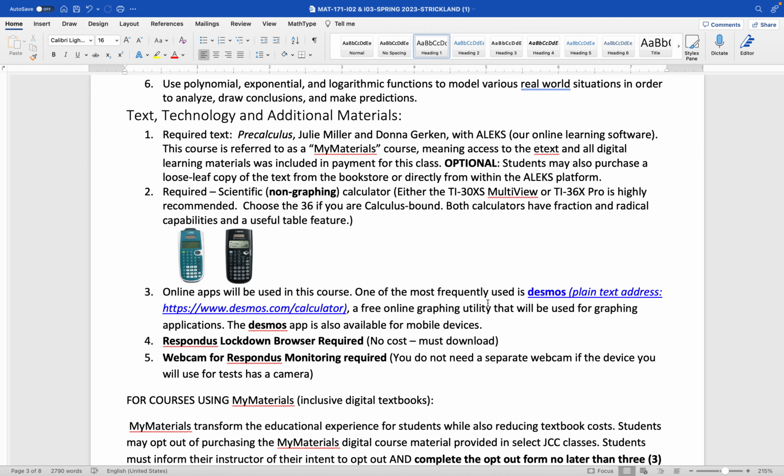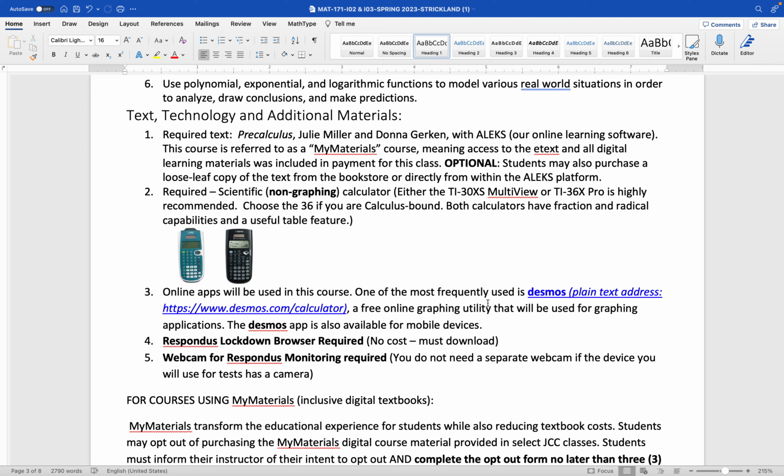Also, this is key, for the calculator, what is required is a scientific non-graphing calculator. The most popular models for the course are either the TI-30XS MultiView calculator or the TI-36X Pro, both of which are highly recommended. So you're looking at a scientific non-graphing calculator.